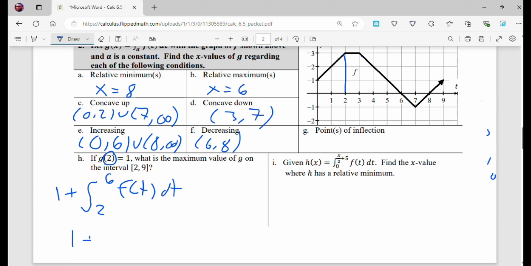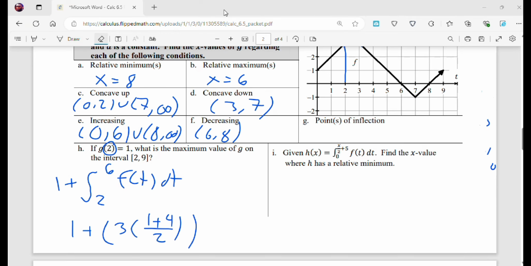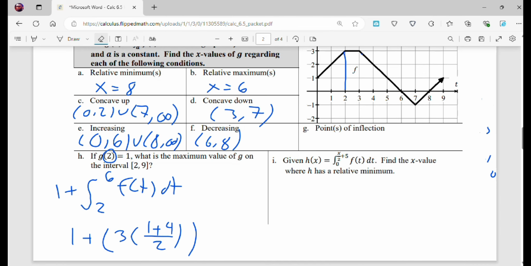So 1 plus, all right, we can either split this into some shapes or we can use a trapezoid. I just set up the trapezoid area. Remember, a trapezoid's area is width times L1 plus L2 divided by 2.